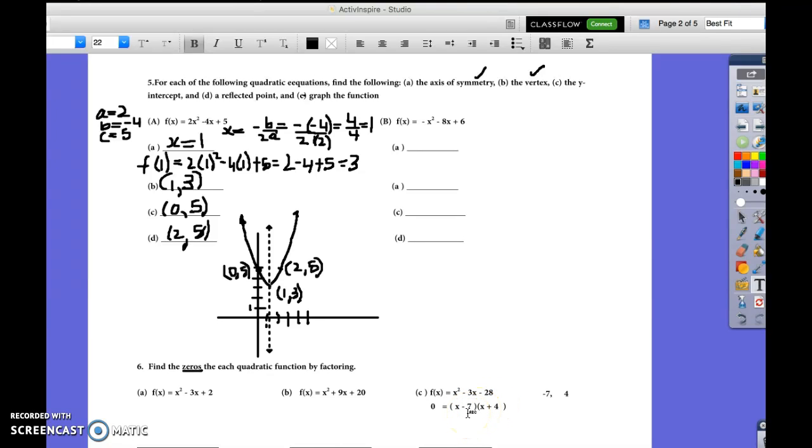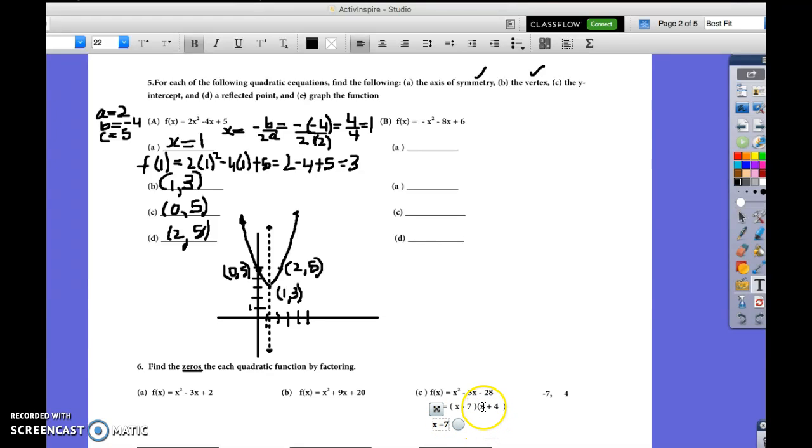There's another thing you could do. Once you factored it, you could say, what x value would make x minus 7 0? You probably can see that if x is 7, then this whole parentheses becomes 0, because 7 take away 7 is 0. So the first answer for this one would be x equals 7.